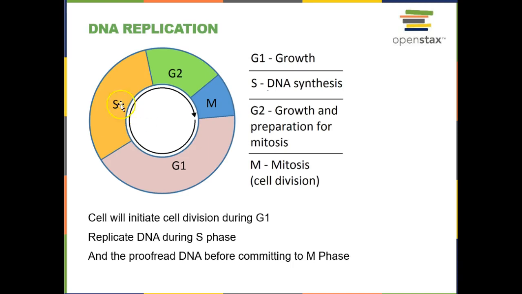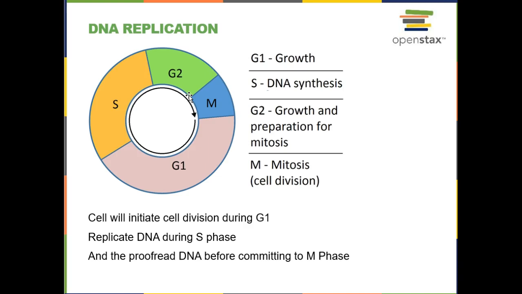So as this says here, this is a checkpoint before entering S phase. The cell has to make a decision. Is it going to prepare to divide or not? And then you have another checkpoint here at the end of G2.